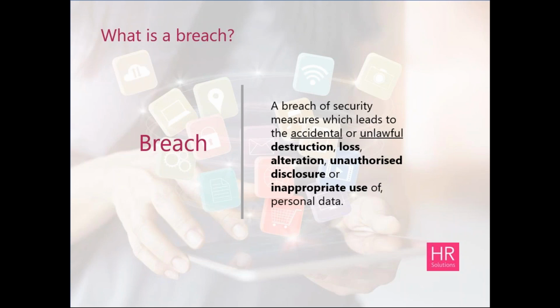So even if you accidentally hit send on an email and it goes to the wrong person and you didn't mean to do it, that potentially is still a breach. And it is a breach if it leads to destruction, loss, alteration, unauthorized disclosure, or inappropriate use of personal data.